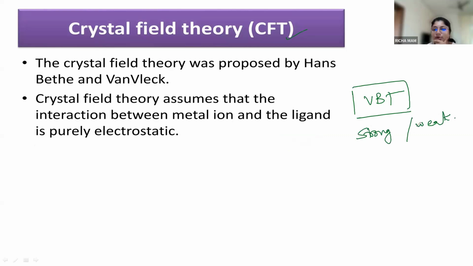It could not explain why, if the coordination number is 4, it shows square planar. It can show tetrahedral also, but it could not explain that accurately. So because it failed, we go to CFT.